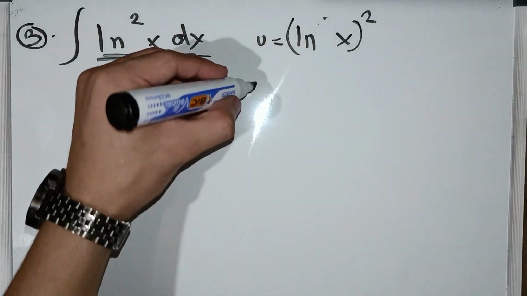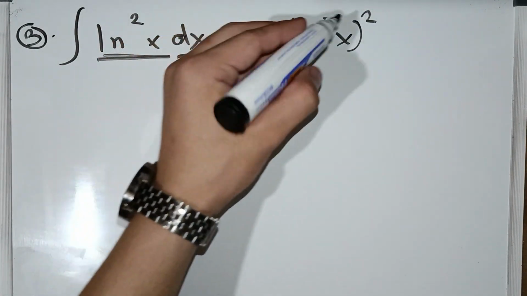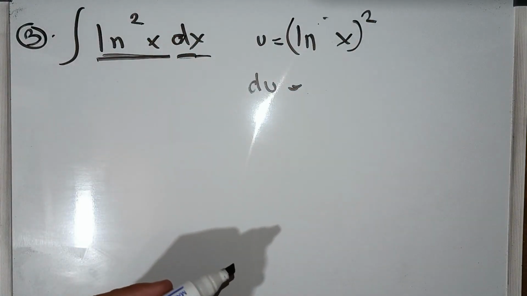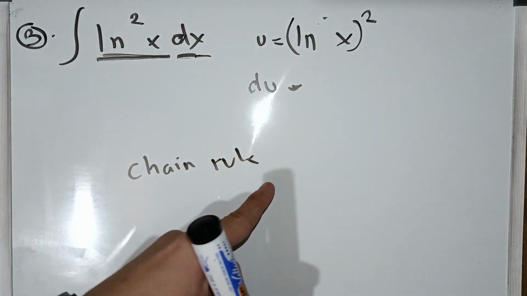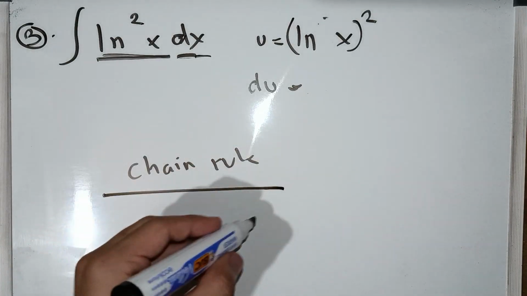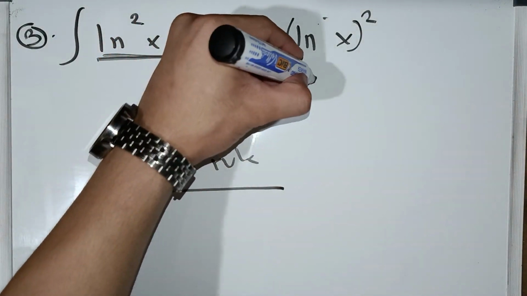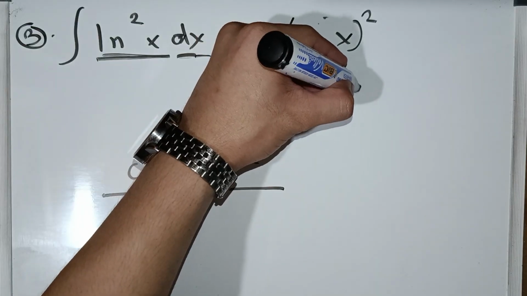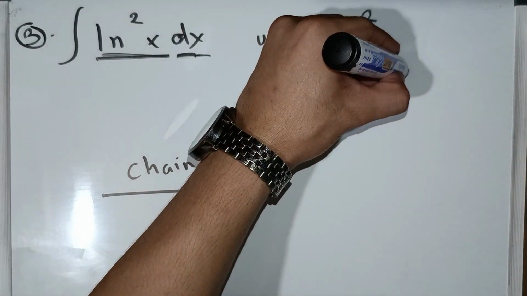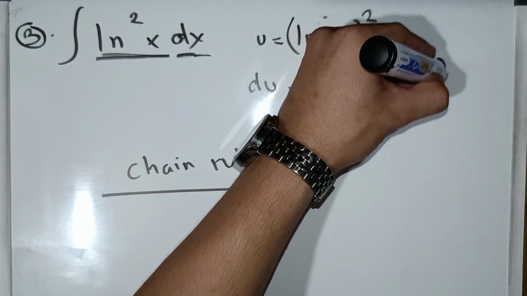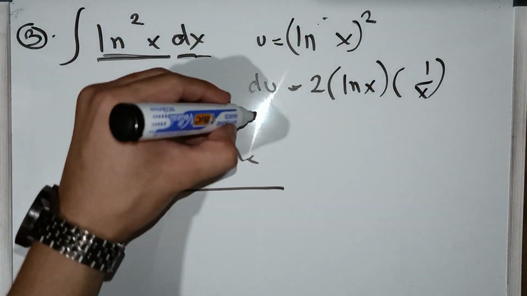And the derivative of this is equal to, we can use the chain rule here. We have to use this for us to get the derivative of this. So that will become 2 ln x, and since this is 2 minus 1, simply put its derivative of ln x.